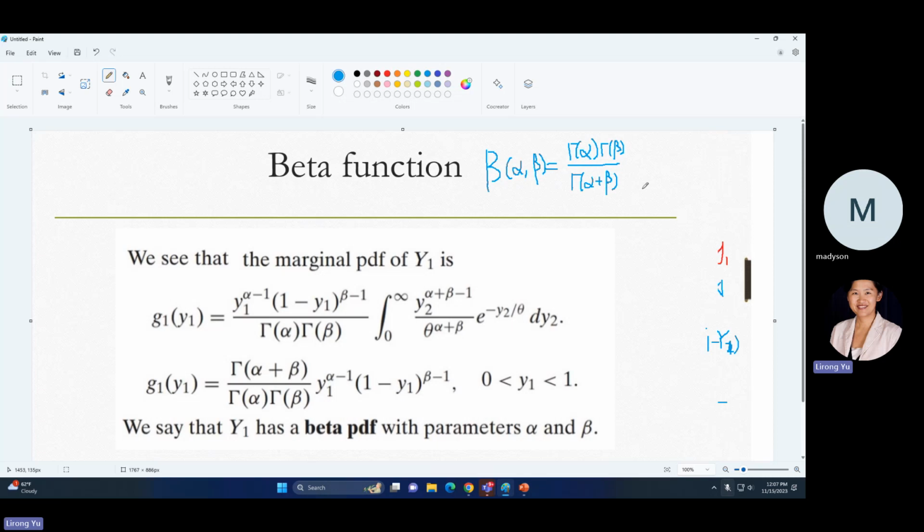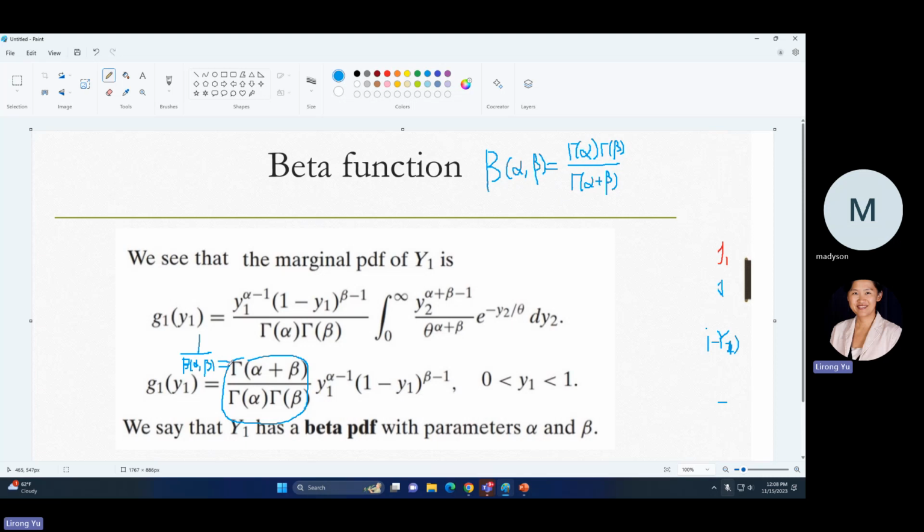That's the beta function, and that's why this is called a beta distribution, because it has a beta function as a coefficient. You can also write this coefficient, this number, as 1 over B(alpha, beta). That's why it's called a beta function.